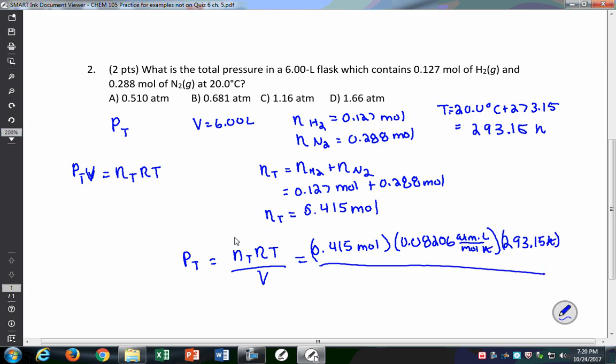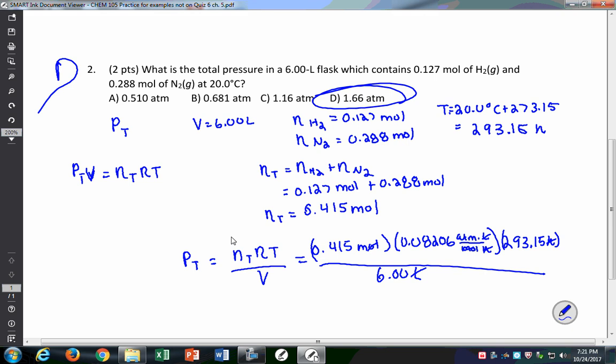And our volume is already in liters, so we didn't have to do any conversions. So our P total, when we calculate that, is 1.66 atm. I could also figure out my partial pressure of H2 and my partial pressure of N2, because remember, your volume and your temperature is not changing.